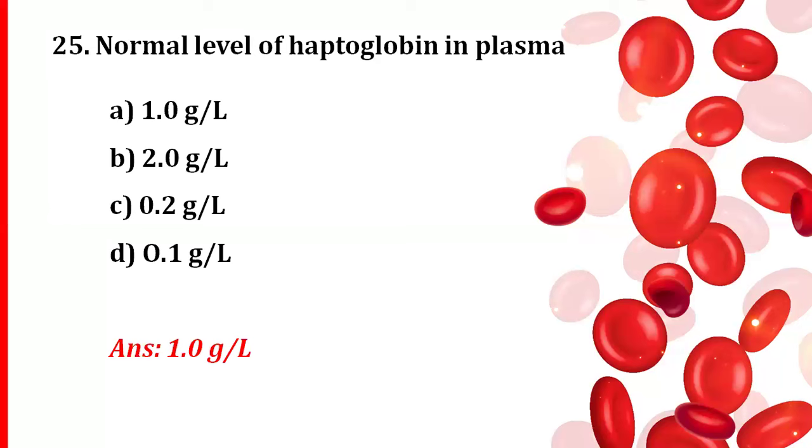But the reference range is between 0.5 to 2.2 grams per liter or 50 to 220 mg per dL. But in these options, the right answer is option A, that is 1.0 grams per liter.